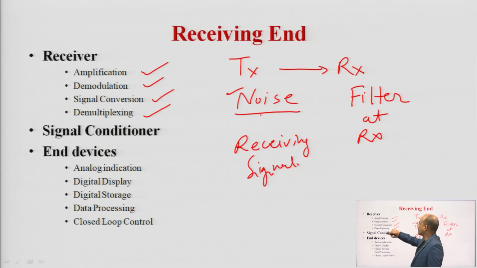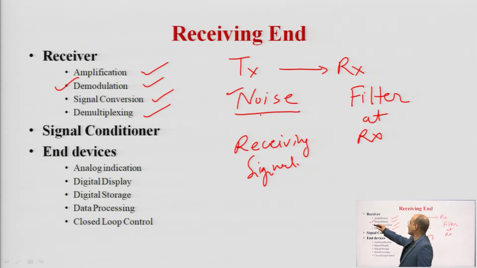After the filtering and amplification process, you perform demodulation. The demodulator system is designed as per the modulation technique used at the transmitting end. If you are using amplitude modulation, you use amplitude demodulation, or frequency demodulation, or pulse demodulation.